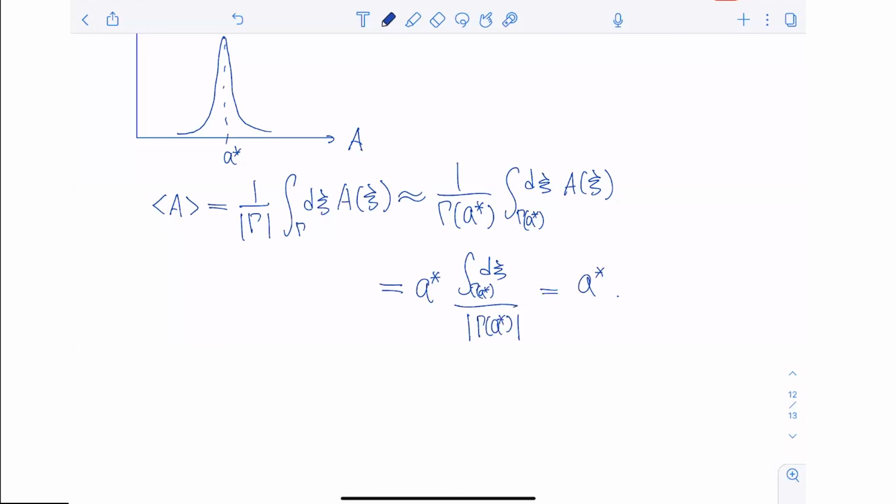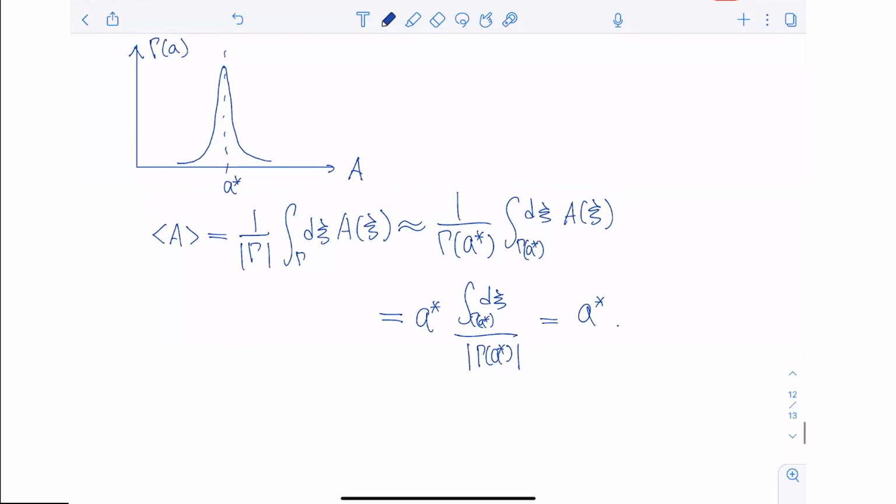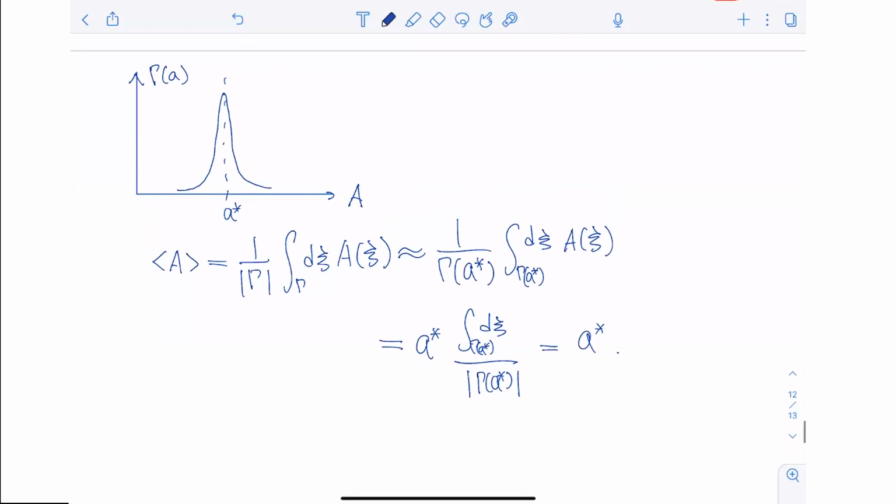Okay, so let me explain this thing a little bit. In principle, when I try to evaluate the average value of the observable, I should include all kinds of microscopic configurations and average over the whole gamma. And here, this gamma means the whole area below this curve, because I need to integrate over all the possible A values, okay?